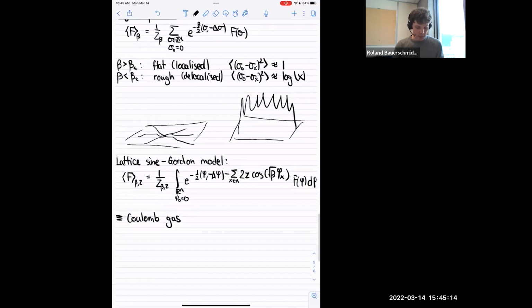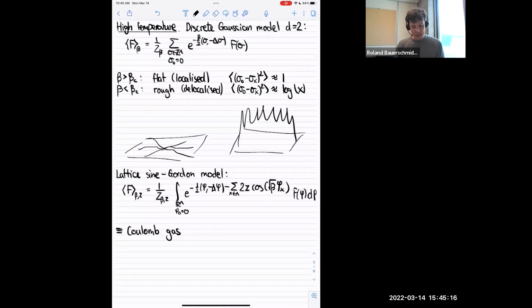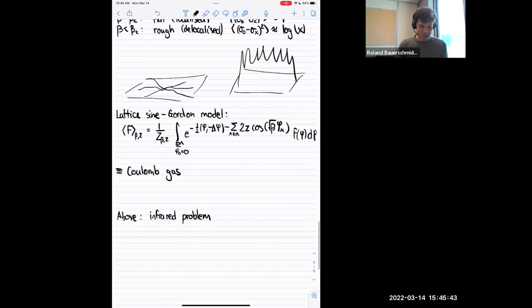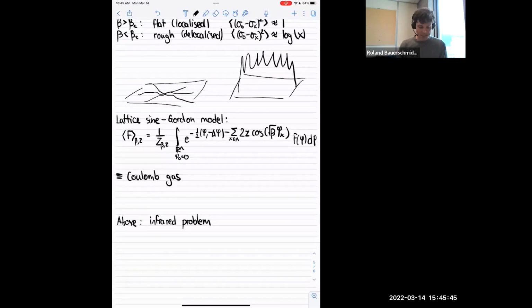I just wanted to give examples of the relevance of the renormalization group in rather different areas of the phase diagram. The above problems all concern what one would call the infrared problem, the statistical mechanical problem of what happens at long distances.